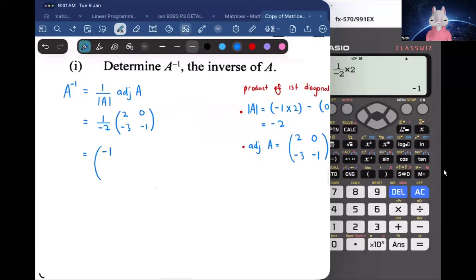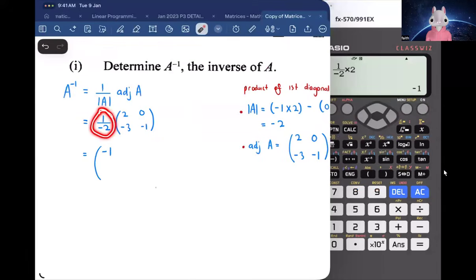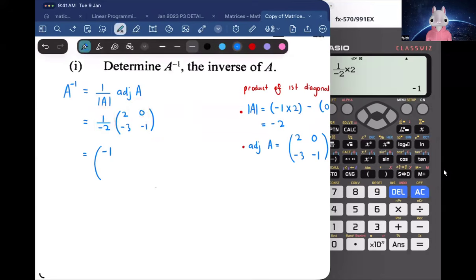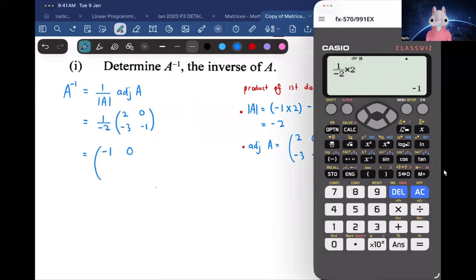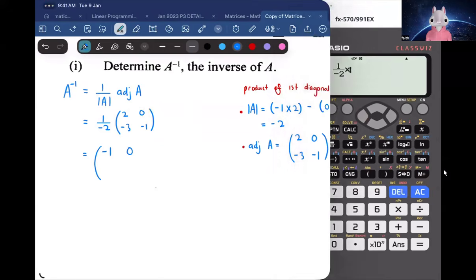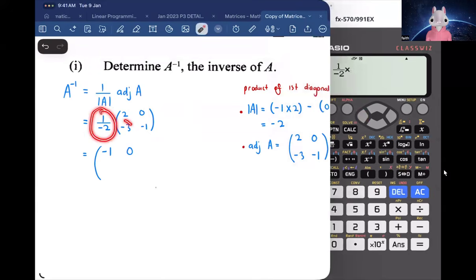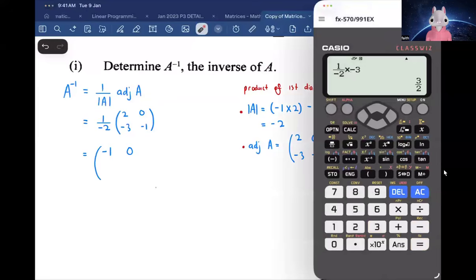What is any number by 0? It's 0. Anything by 0 is 0. Next up, 1 over minus 2 multiplied by what? -3.